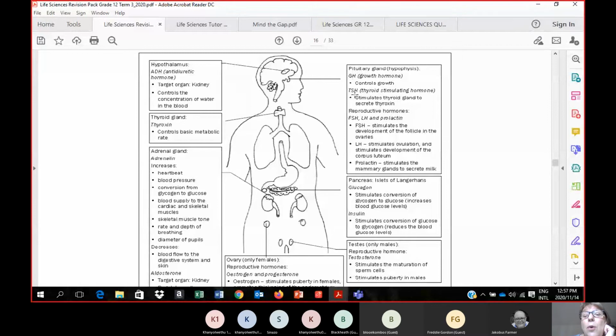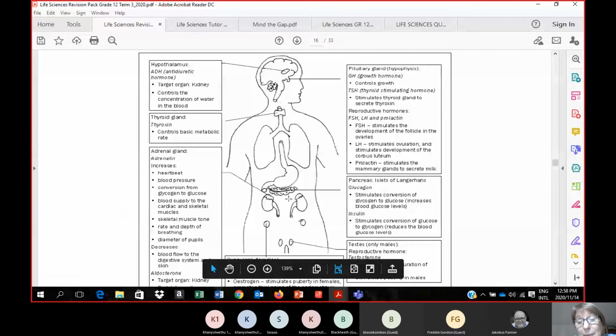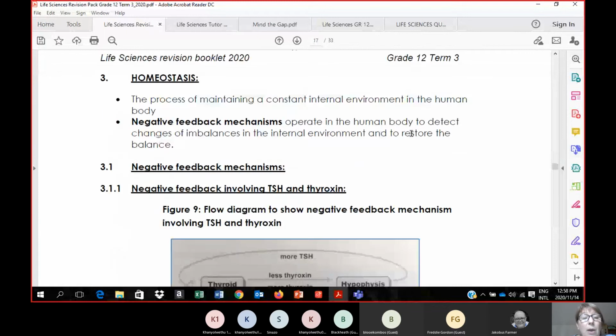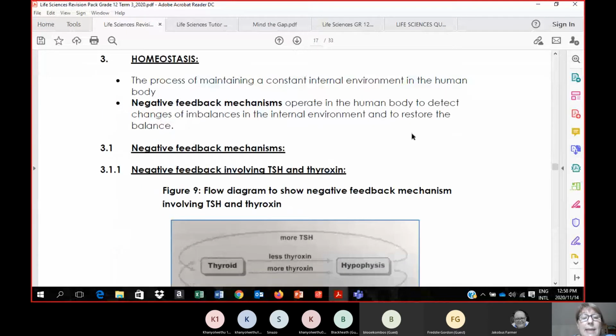And then it produces a hormone called thyroid stimulating hormone, and if you read that carefully, it also tells you what it does. So it stimulates the thyroid gland to secrete thyroxine. Okay, so those hormones, you need to know where the glands are found, which hormones are produced, and what their functions are. Okay, now we go on to homeostasis.